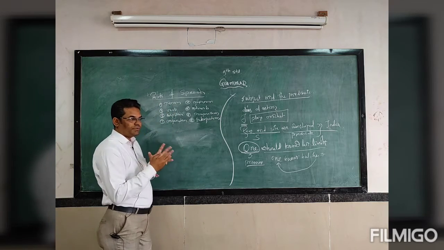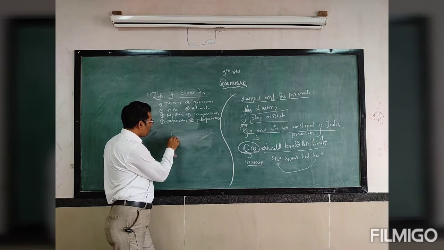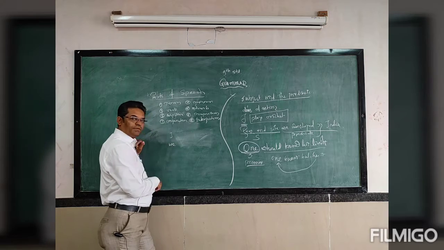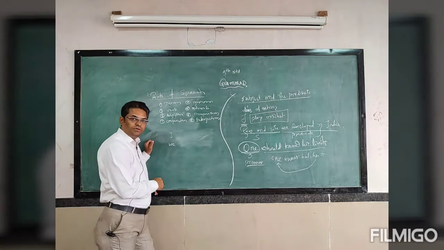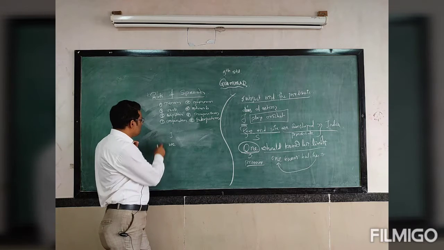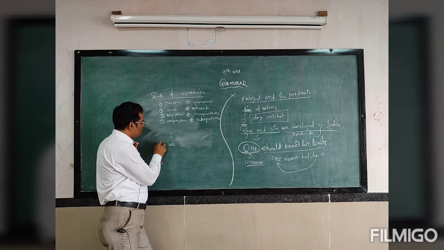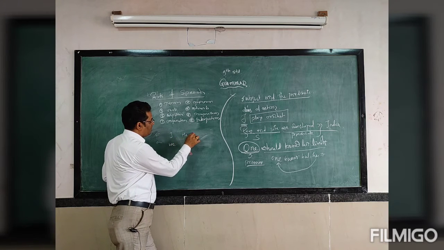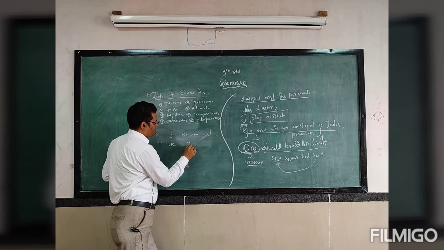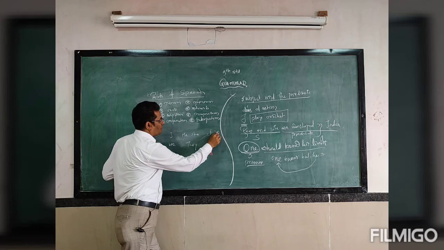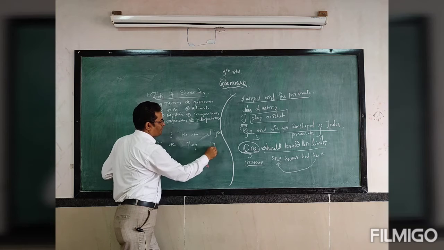For example, we can make the chart. I, we. Now, I is a personal pronoun, we is a personal pronoun. These are the personal pronouns. This is singular, this is plural. He, she, it, they, you and you.